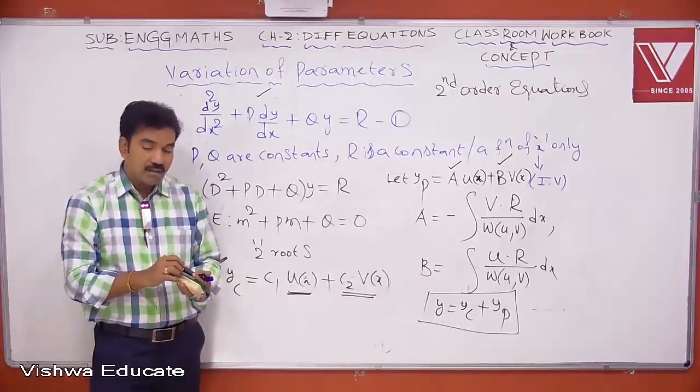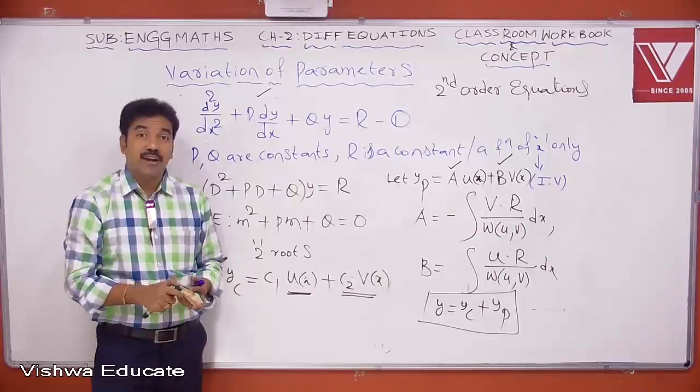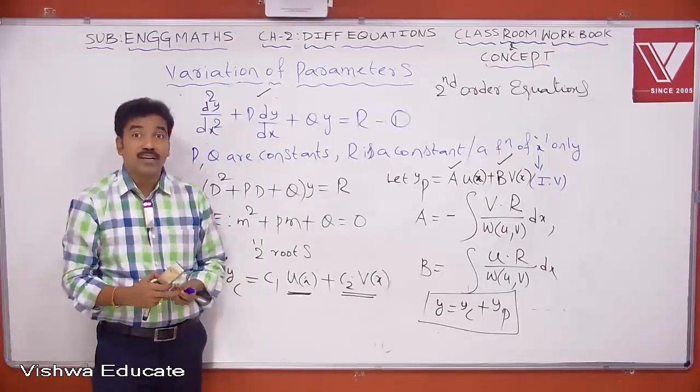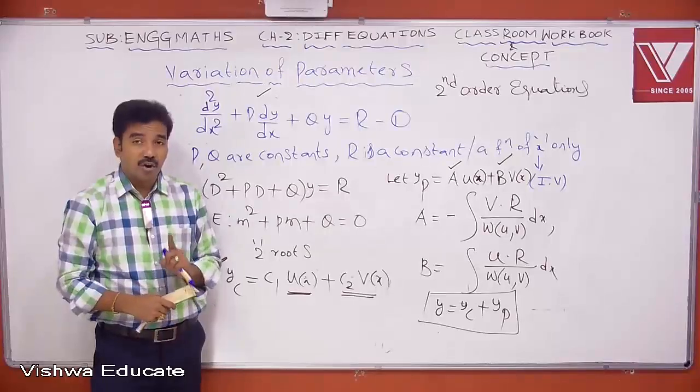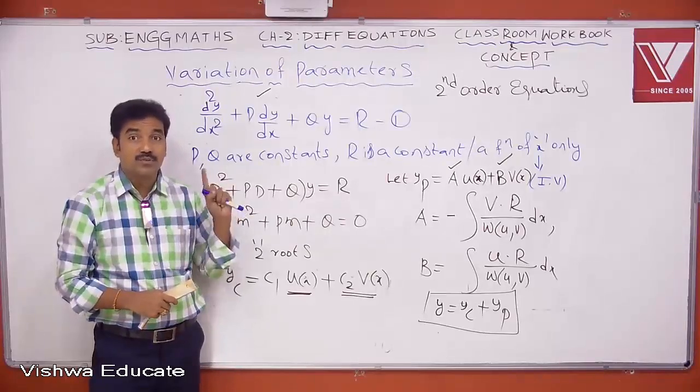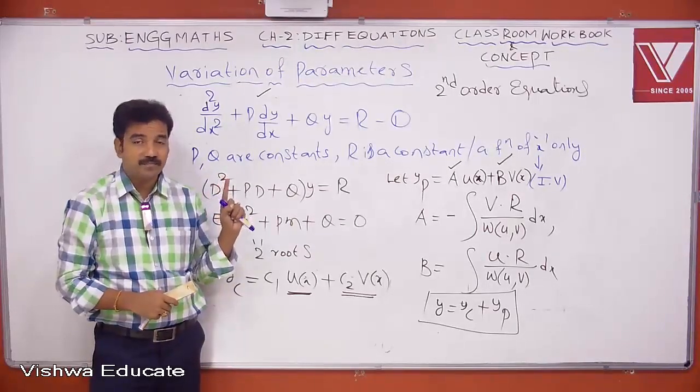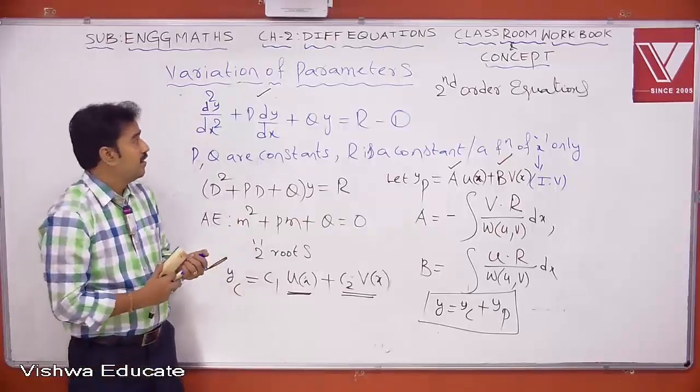Variation of parameters is very, very useful in finding particular integrals of very complicated functions like tan, cot, cosecant, secant, etc. But the drawback is that it is restricted only to second order equations, right? Note these points.